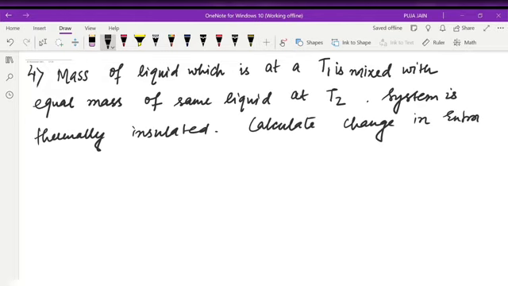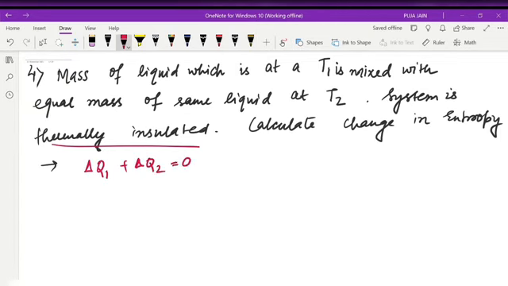Understand step by step how to proceed with a question. First we will use our calorimetric principle. It's thermally insulated. From the calorimetric principle, del Q1 plus del Q2 equals 0. Del Q can be expressed as mc del T. Let the mass of the liquid be m. Both have the same mass and the same liquid, so c will be the same for both.